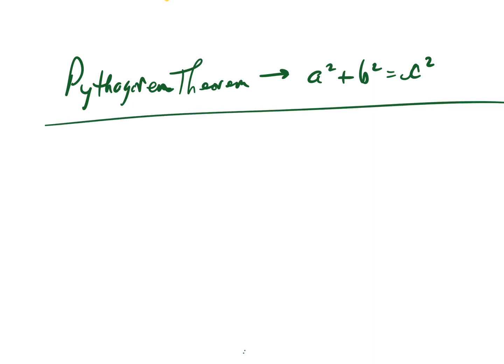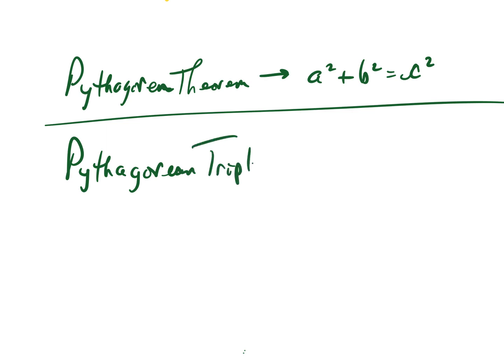Whenever we can find a group of numbers that makes that true and not have any crazy decimals, but fit that just perfectly, we call those a Pythagorean triple. When we find a group of numbers that work in the Pythagorean theorem perfectly, it's called a Pythagorean triple.